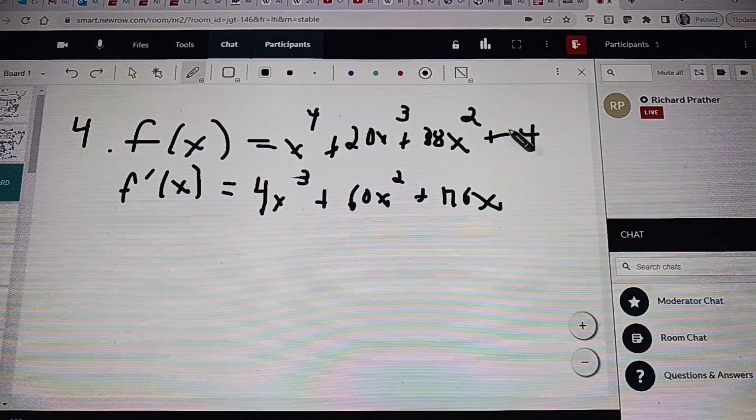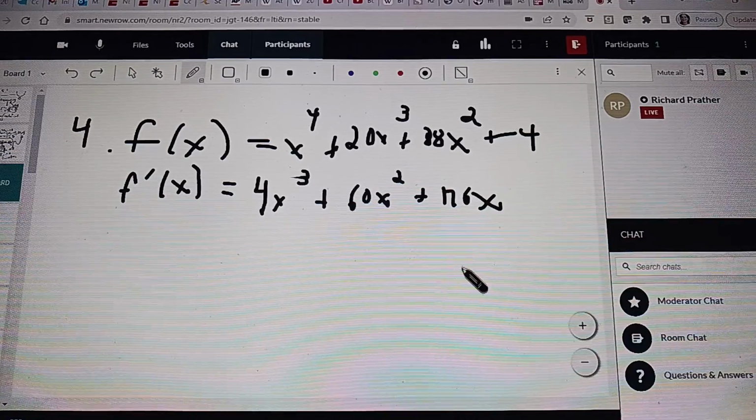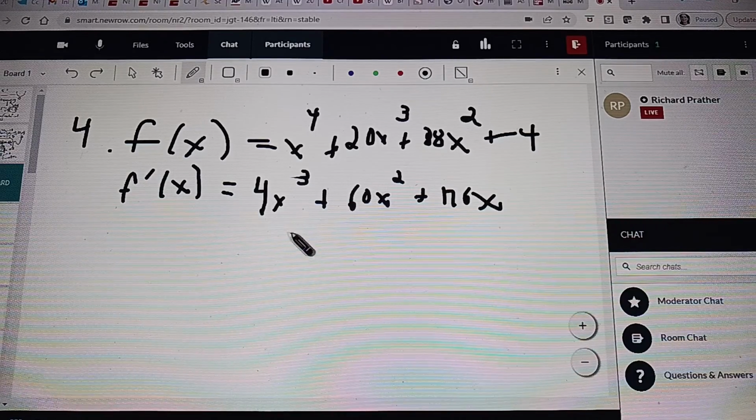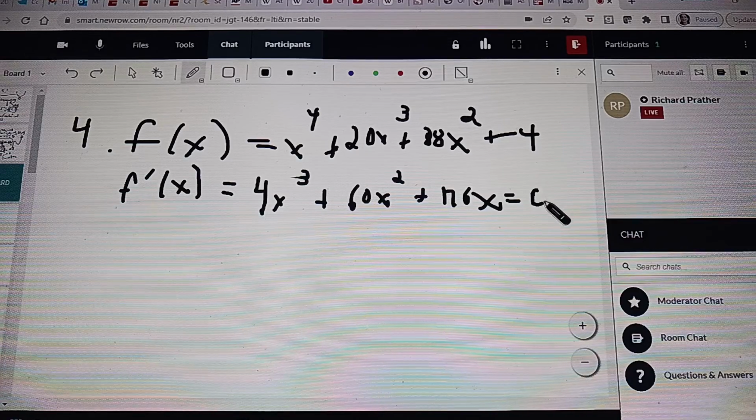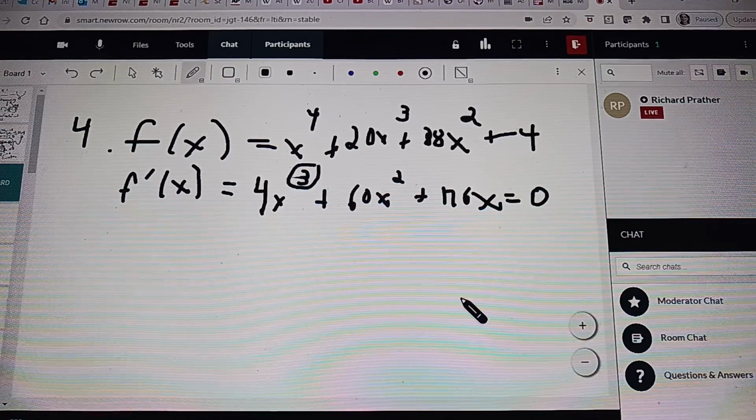And then the derivative of 4 is 0. So this derivative is a polynomial. Polynomials are never undefined, so we don't have any undefined critical numbers. And then we can set this equal to 0. There could be up to 3 unique zeros, up to 3 critical numbers where the derivative equals 0.